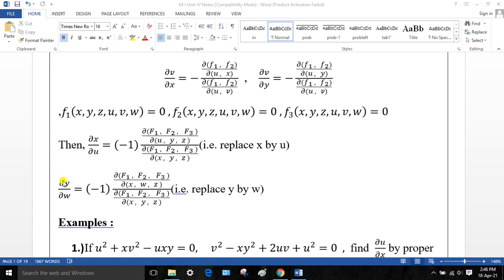I have to replace this y by this w now. Because you have to find del y by del w, you have to replace this y by this variable w. So this x as it is, replace y by w, and this z as it is. The remaining variables you have to keep as they are, only replace this thing. Okay.